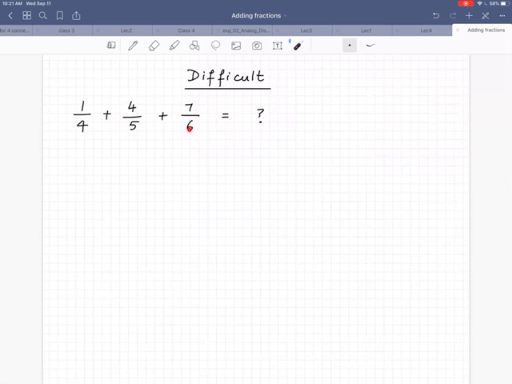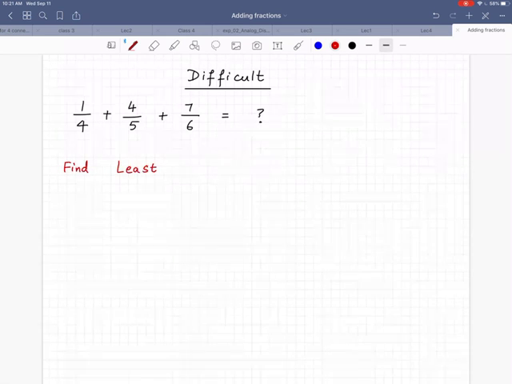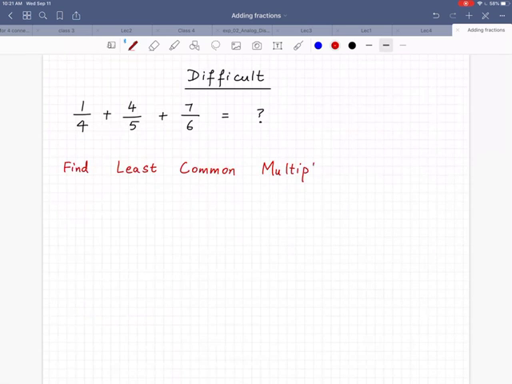Now if you want to find the common denominator, then we would have to find the least common denominator, or least common multiple, also called LCM.